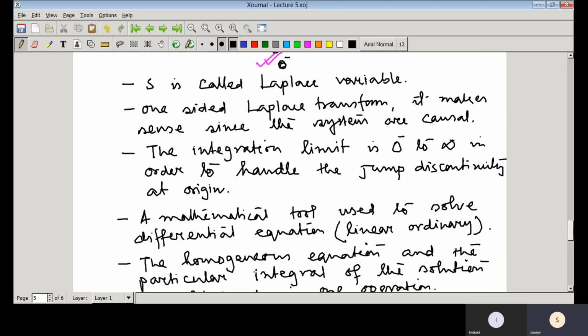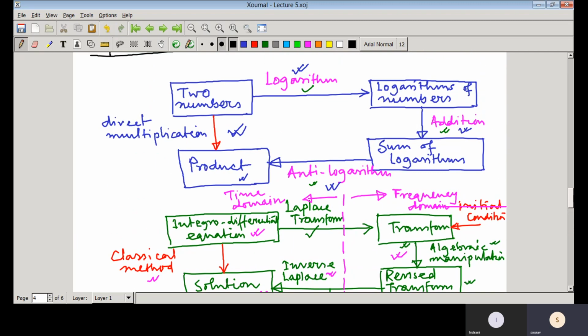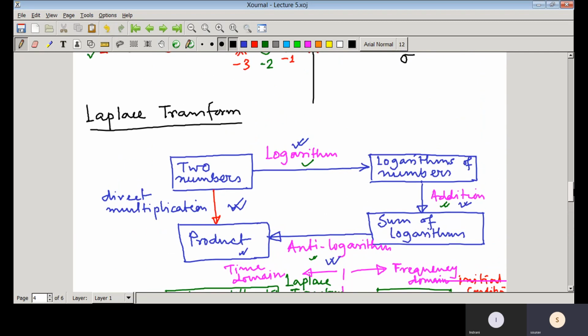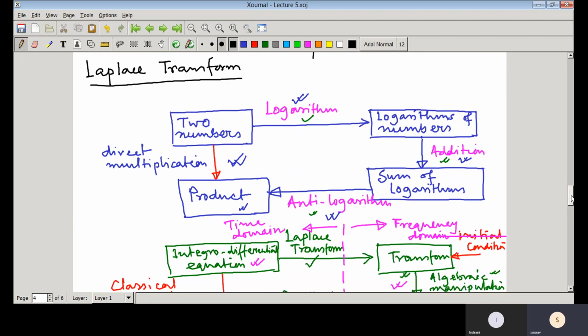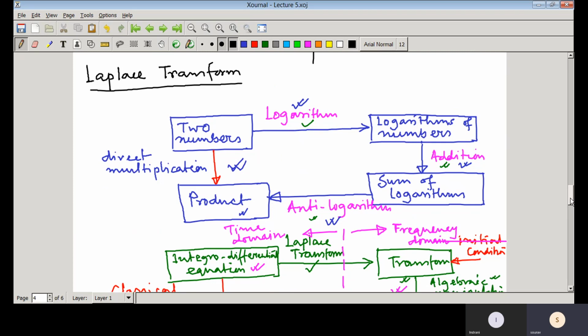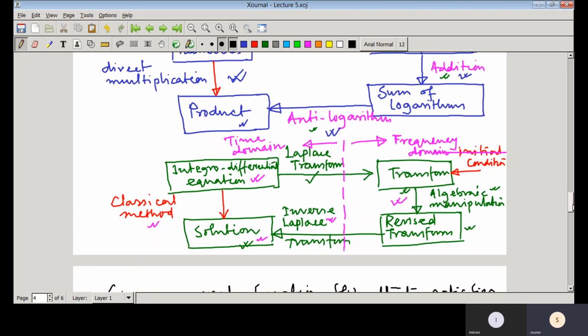So here let us see what we have discussed today, that is the Laplace transform. It is a transform, and we have seen how it is similar to the logarithmic transform. One important thing is that in the Laplace transform, before it is the time domain, and after that it is the frequency domain, which we will be discussing later.